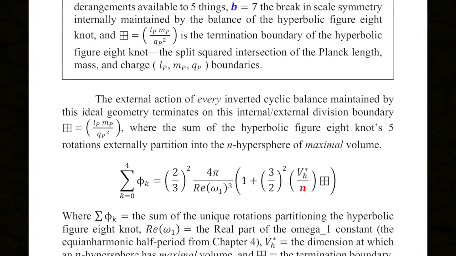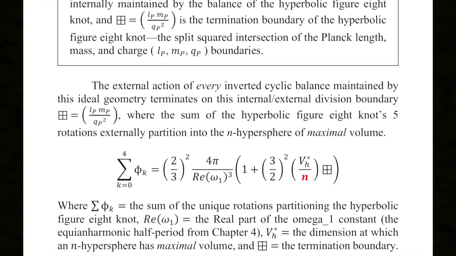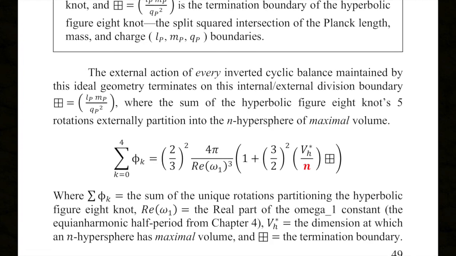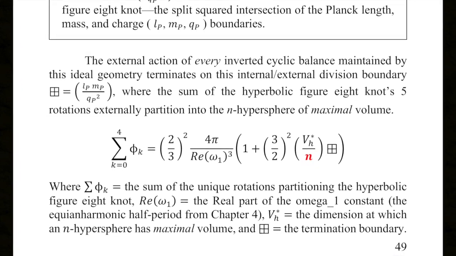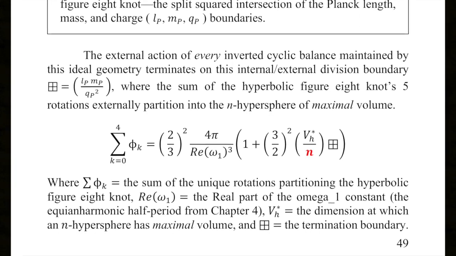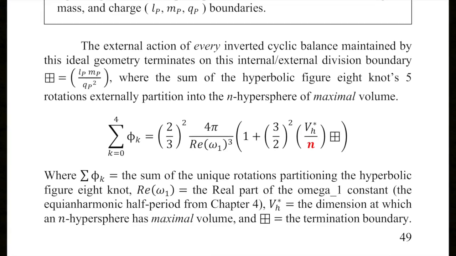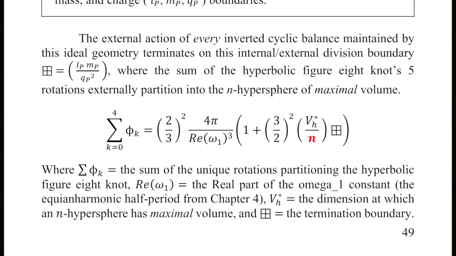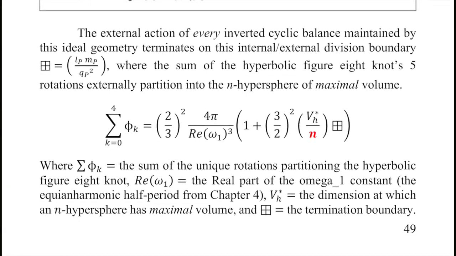Well, when we take the sum of our 5 rotations, rotation 0 through 4, and add them together, we get the total amount of rotations that all 5 of these things are contributing to this balance. And when we check under this constructive arrangement, under the assumption that there's a balance being maintained between 2 parts, and both of those parts have boundaries and geometric actions that are playing a role on the boundaries to make a balance.